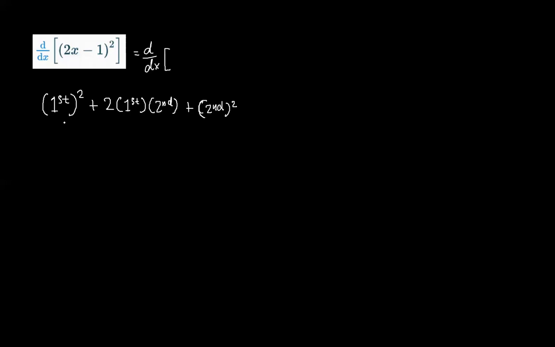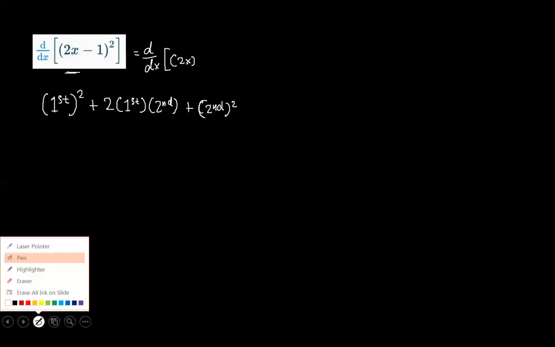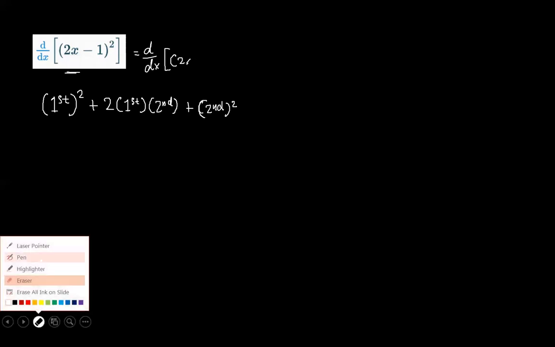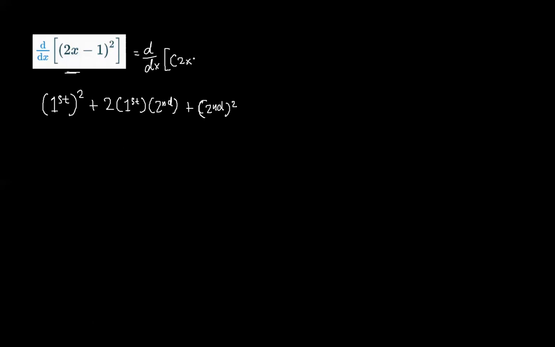First, you're going to square the first term. So the first term here is your 2x. So you're going to have the square of 2x. Wait, hold on. Let me fix this. Oh, square of 2x. That's it. Now we're going to proceed to the second step.